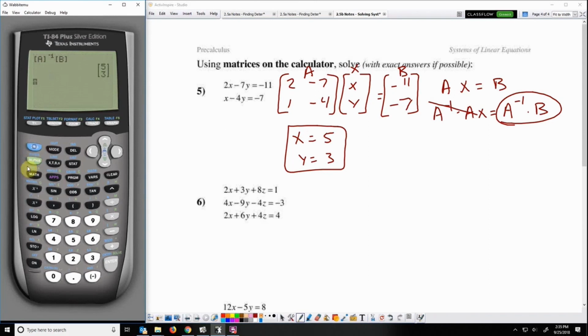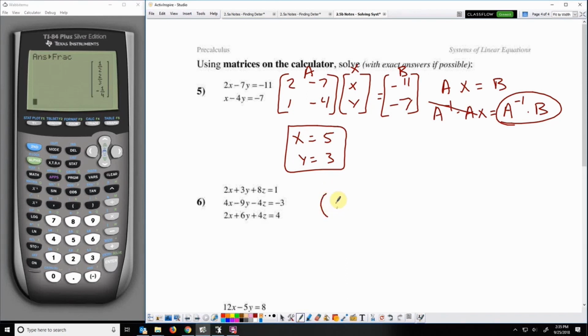So once again, I'm going to call up matrix A and multiply its inverse by matrix B. Okay, so I've got some decimals there, so I'm just going to go to math, option 1, enter. And there's my x, y, and z values.